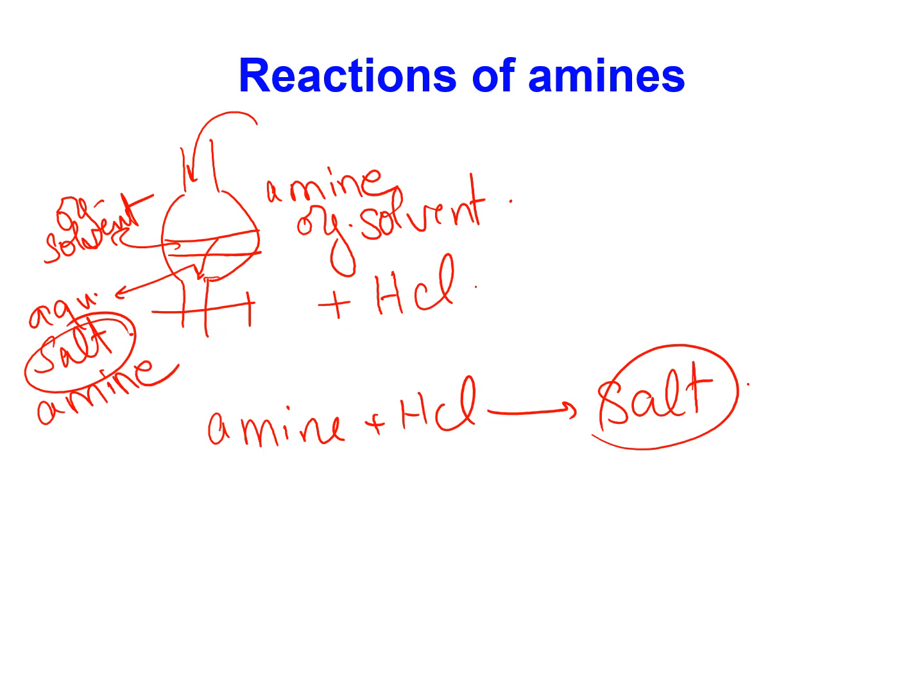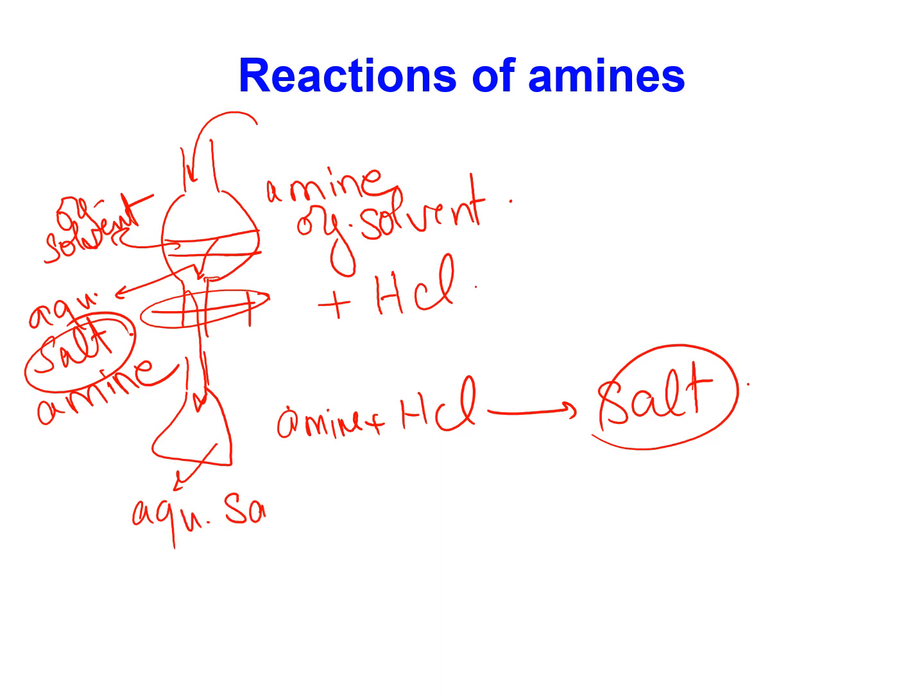You can open the tap of the separating funnel now and take your salt from the water, leaving the organic solvent layer having all the impurities in it, or most of the impurities in it. Now you have the aqueous layer containing your salts.